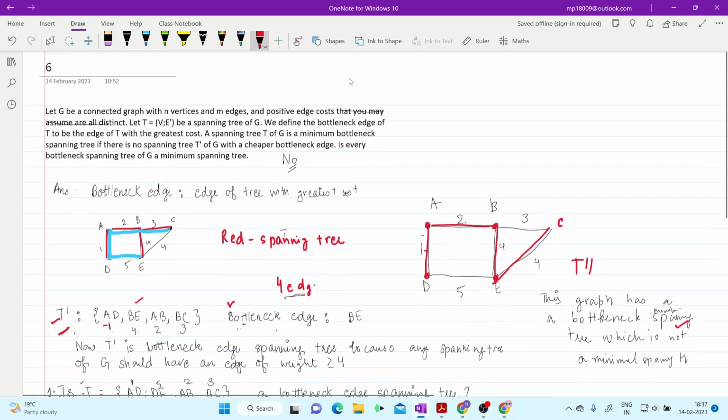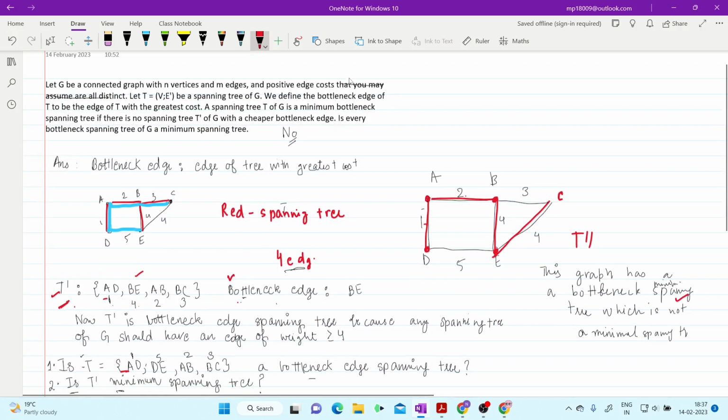Okay, so is this question clear to everybody? And his example is also clear to everybody. So he has found a tree which is a minimal bottleneck spanning tree, but not a minimal spanning tree.